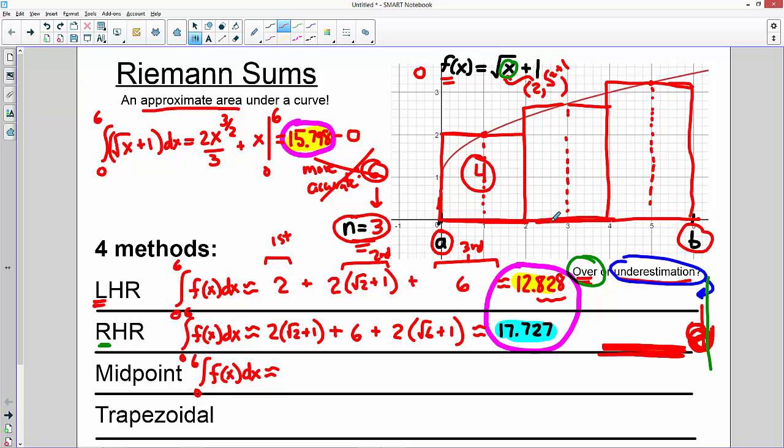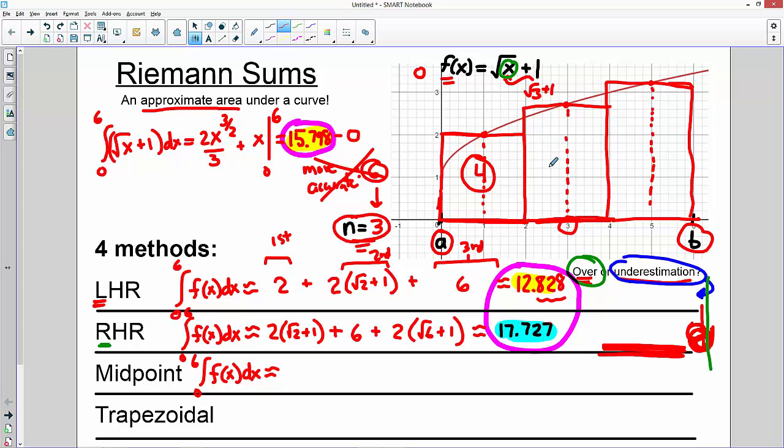For this rectangle, it goes up to this point, and I need to plug in 3. That's the middle, right? So it's going to be the square root of 3. That's going to go right here. I'm sorry, plug in 3 and get the square root of 3, right? So I'm going to get the square root of 3 plus 1, and that's going to be the height of this rectangle.